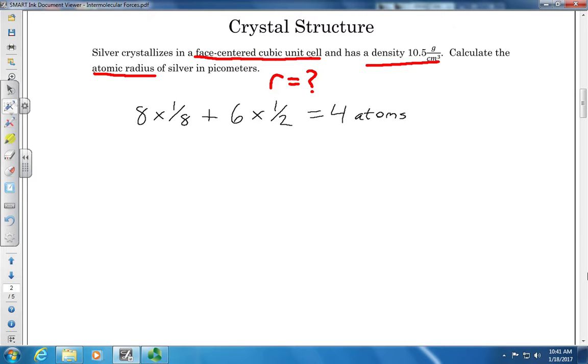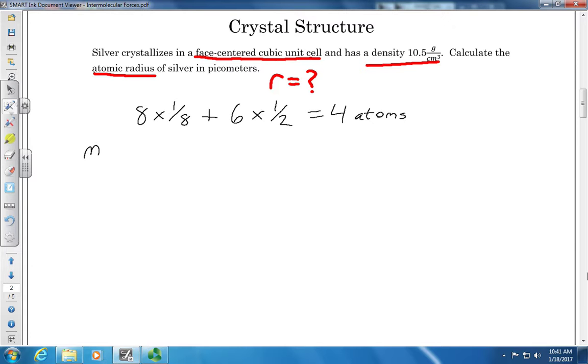So the next thing we're going to do is take that information about the 4 atoms and relate that to a unit cell in order to figure out how many grams of silver we have in a unit cell. It's just a little dimensional analysis.